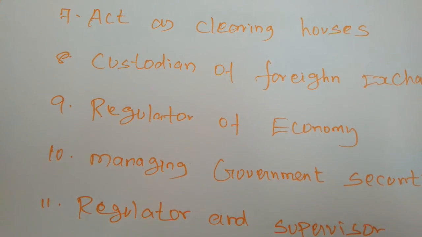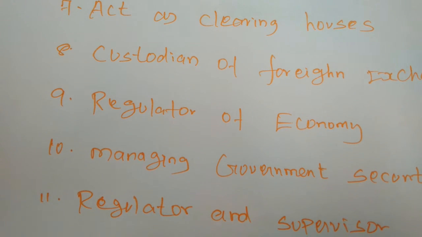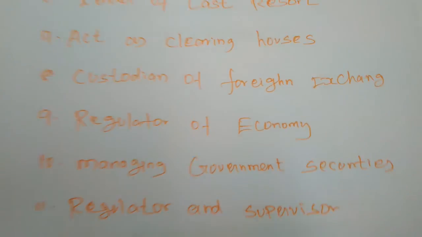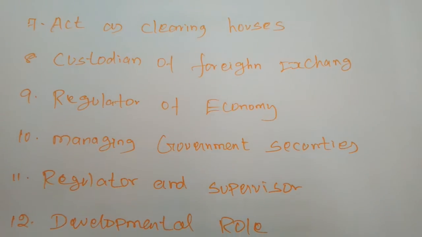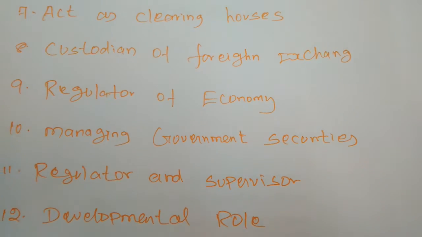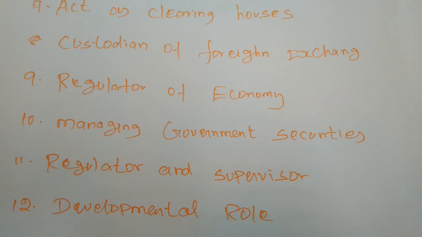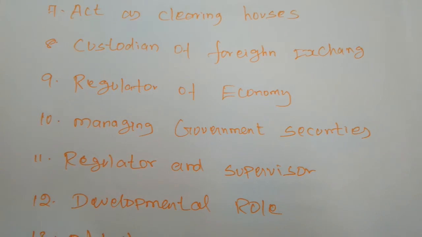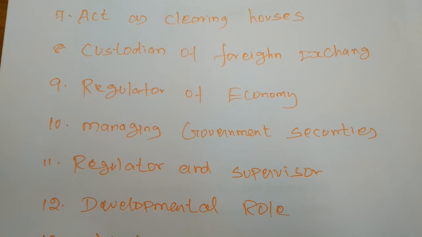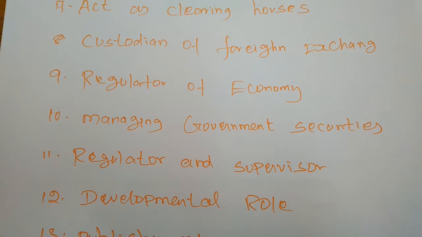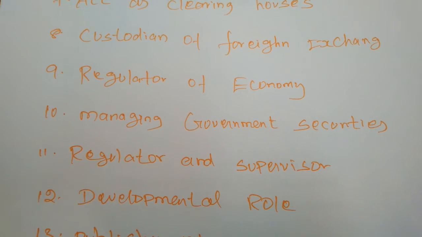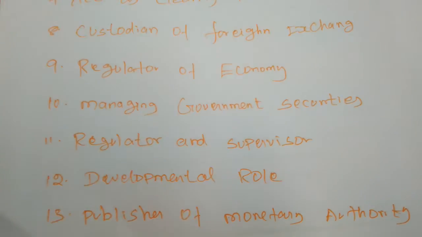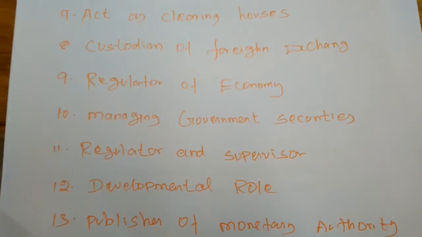RBI buys and sells foreign currency to maintain the exchange rate of the Indian rupee. Every nation must maintain a high value of its exchange rate. If we maintain a higher exchange rate, the value of our money may be increased or equalized. The Reserve Bank of India does that work, the protection of foreign exchange.